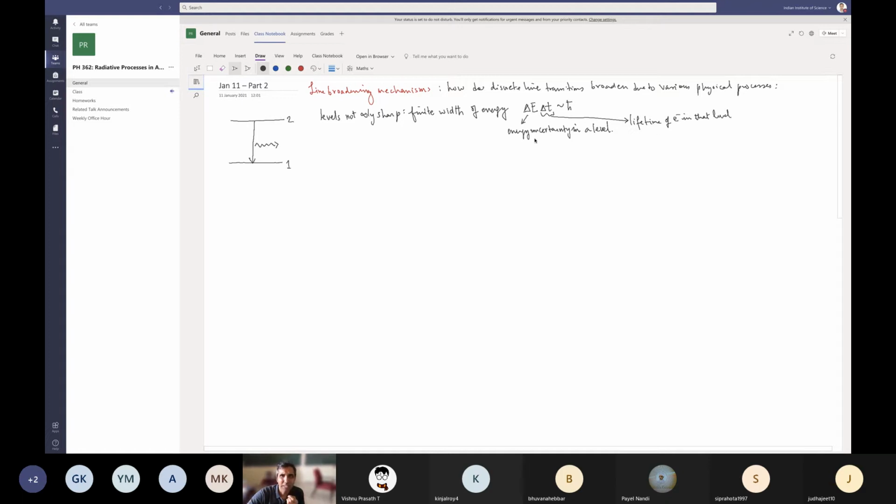This can also be thought of as delta omega tau of order 1.